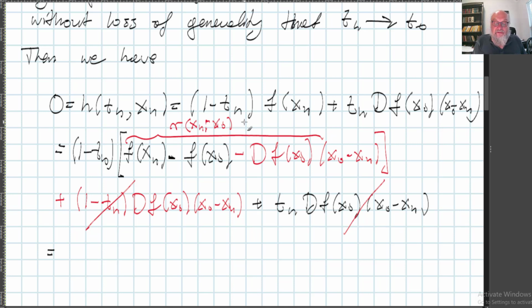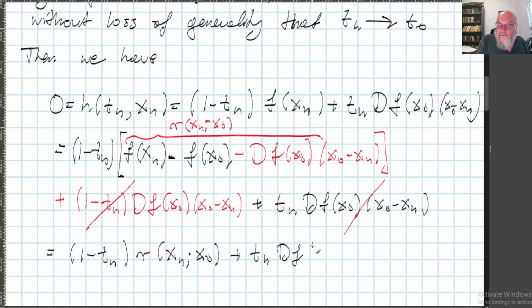We are getting here that this is equal to 1 minus tn, put here the remainder, xn, x naught plus tn df of x naught minus xn.